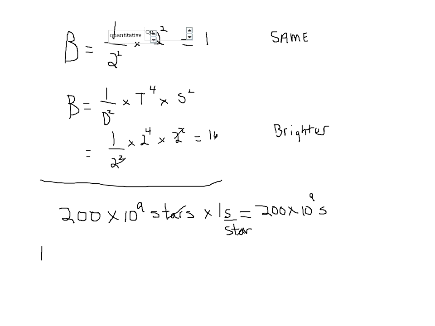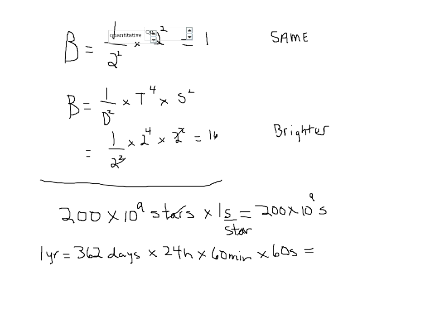So we know that 1 year is equal to, what is it, 362 days, times 24 hours in a day, times 60 minutes per hour, times 60 seconds per minute.